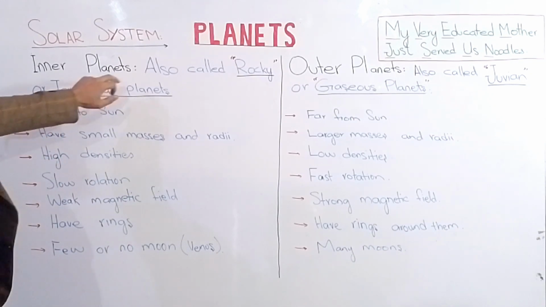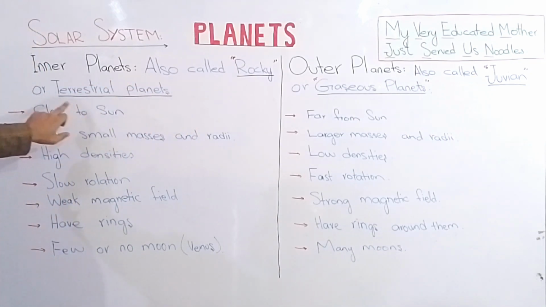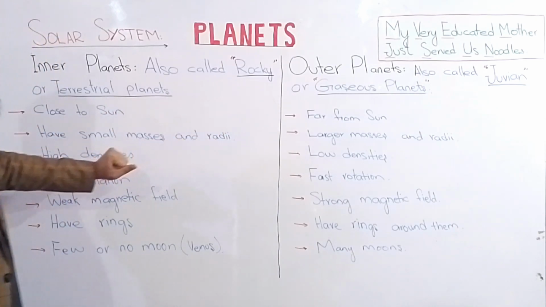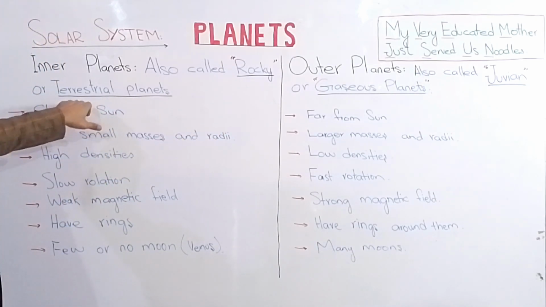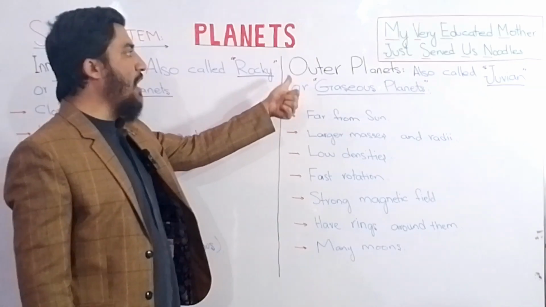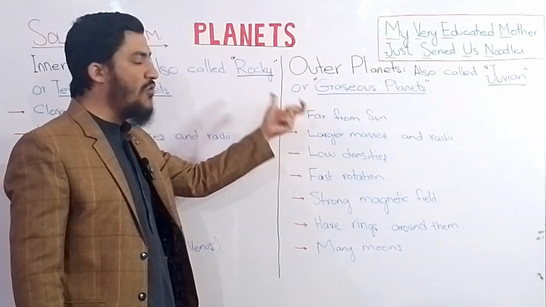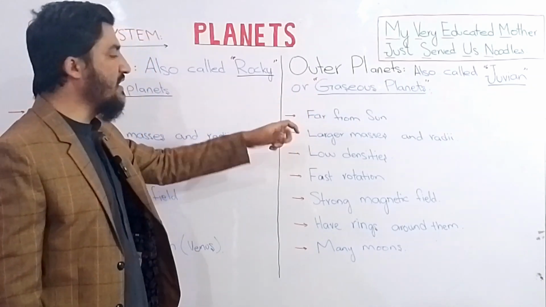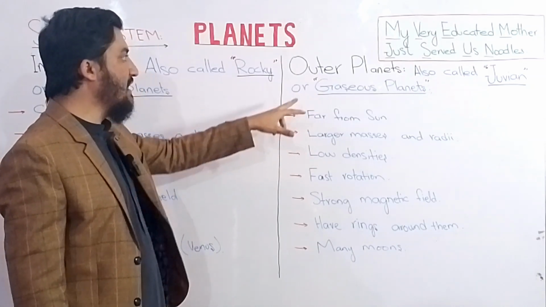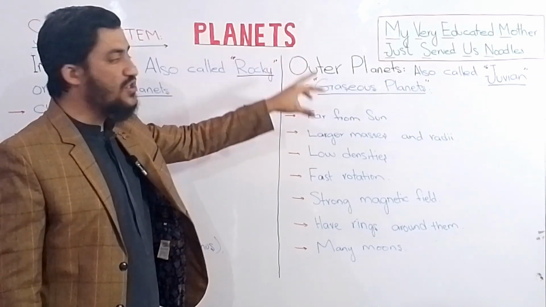Inner planets can also be called rocky or terrestrial planets because they are made up of rocks and metals. In contrast, the outer planets are also called the Jovian or gaseous planets. Most of the gases in their outer layers, for example hydrogen and helium.